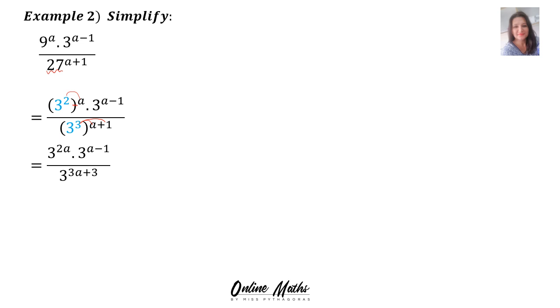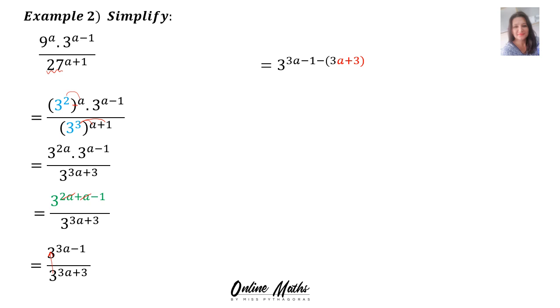Now, on the numerator, it's multiplication and the bases are the same. Therefore, I can add exponents and it's 3 to the 2a plus a minus 1. And then 2a plus a is 3a. So I end with 3 to the 3a minus 1. Then the next step, you can see it's division now. So division means subtract exponents. So the 3 will go and stand on top of that 3, and it's 3 to the 3a minus 1 minus bracket 3a plus 3.